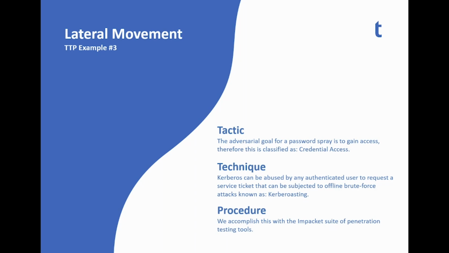And in order to achieve this goal, we will set about abusing the Kerberos protocol as implemented in Microsoft's Active Directory. Any user can request a service ticket for any user account that has a service principal name registered. So these tickets can be subjected to offline brute force attacks that can reveal the plain text of that password, therefore granting complete access to that victim account.